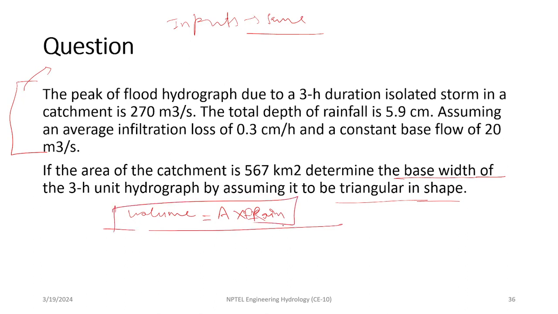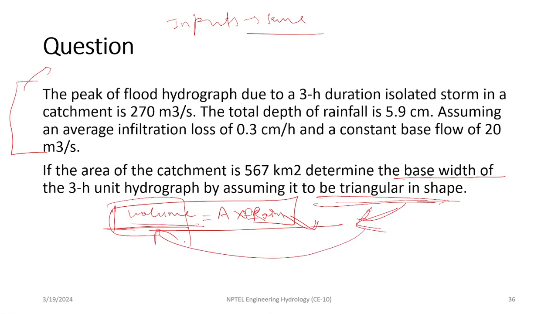So use this information and you can compute it. Now it's your effort how you take these values. Also it is mentioned that it is triangular in shape, definitely. Why is it mentioned? Because this question wants us to compute volume by taking the area of the triangle, half into base into altitude. So that is why it is stressing this point.